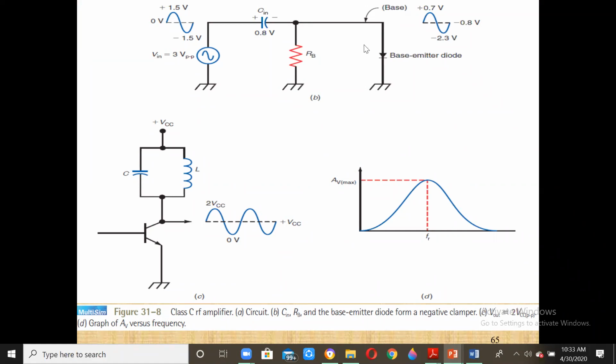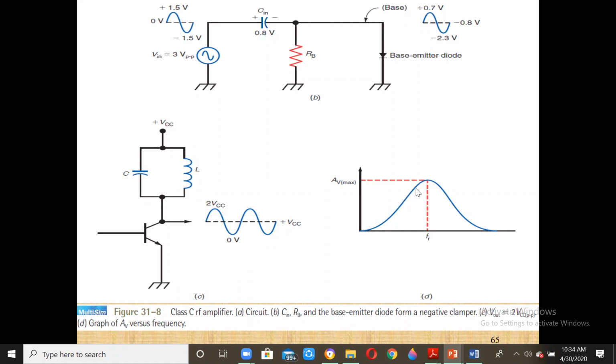So this will be the equivalent circuit which we will have. At the input side, this is the base emitter diode with this, so that acts as a clamper. And this is the tank circuit with the transistor being connected here and the output sinusoidal waveform which corresponds to 2 VCC to 0 volts.